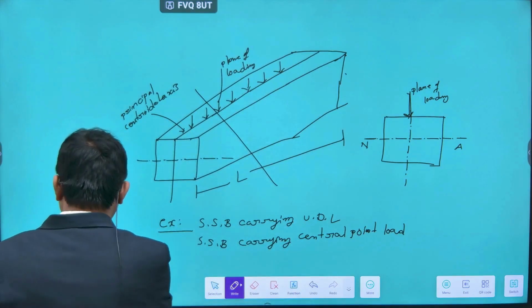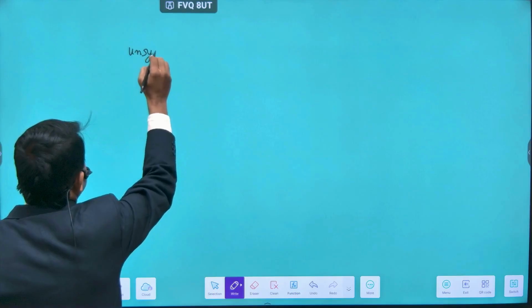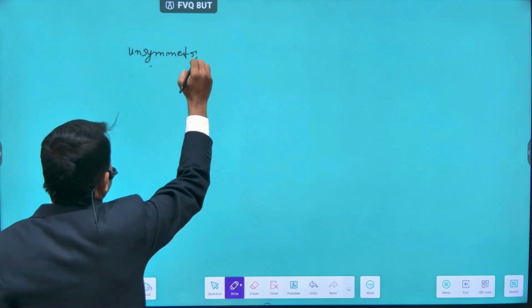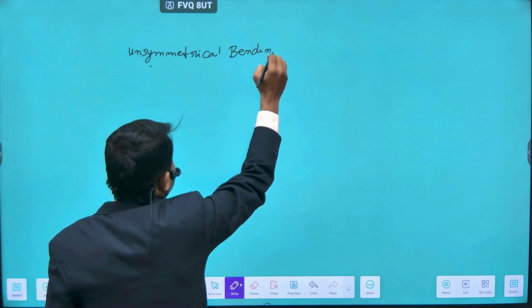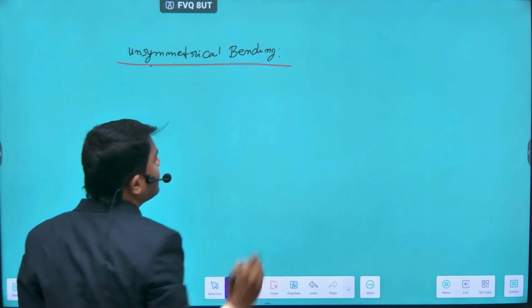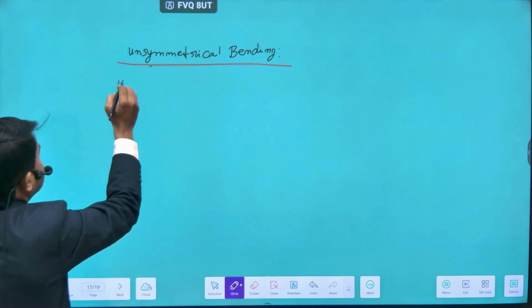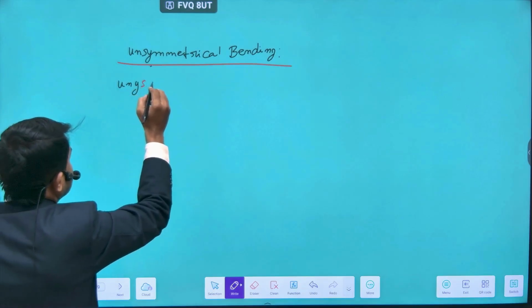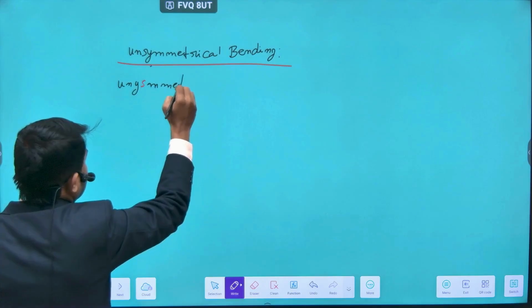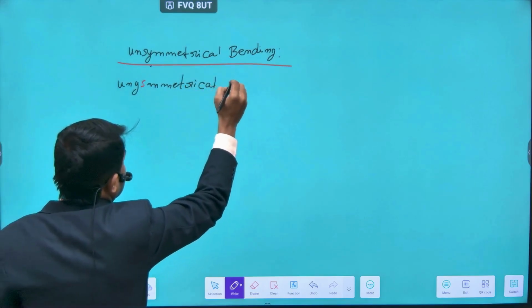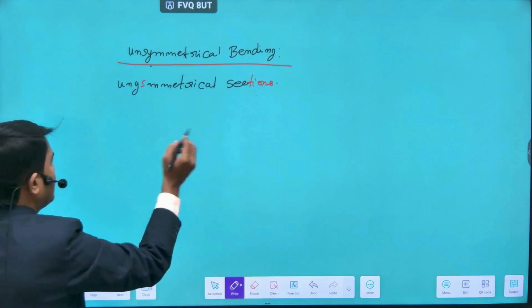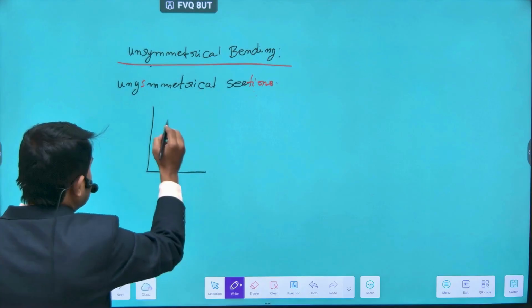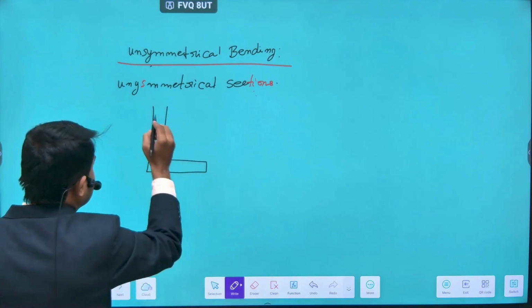So now I am going to the unsymmetrical case. Now what is meant by unsymmetrical bending? Before going to unsymmetrical bending, what are the different types of unsymmetrical sections? We know already: with respect to one axis, the section covered is not the same.